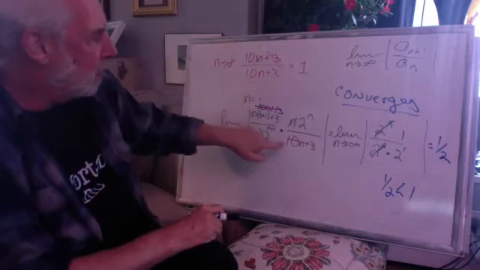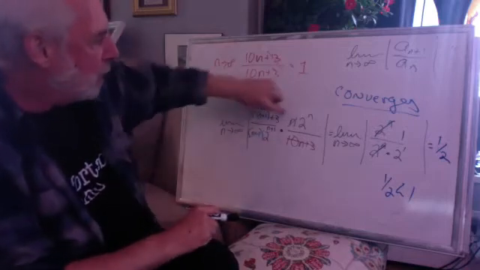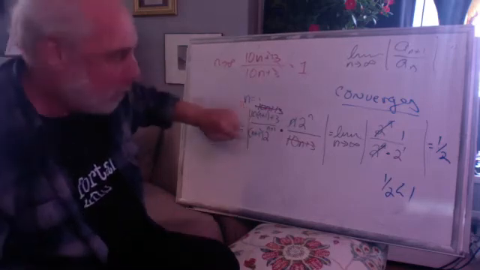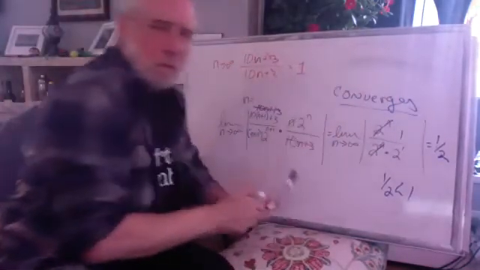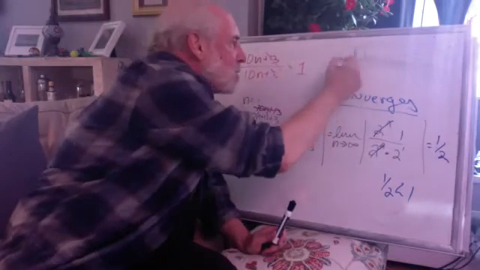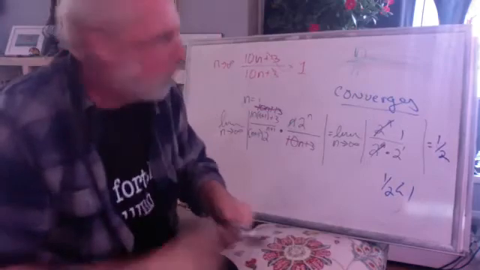So the red things cancel out. And then that leaves us with an n and an n plus 1 in green. So in green we have n over, oh, it doesn't show through.